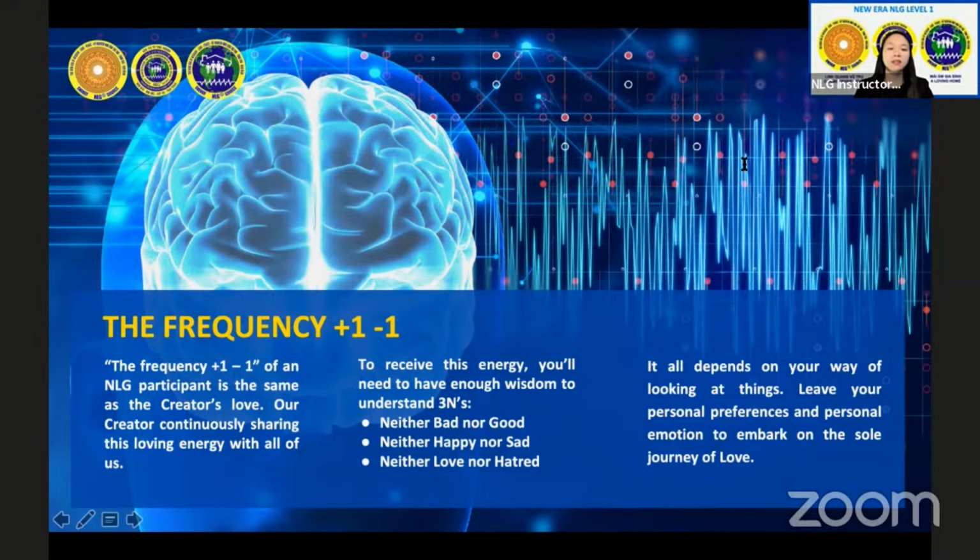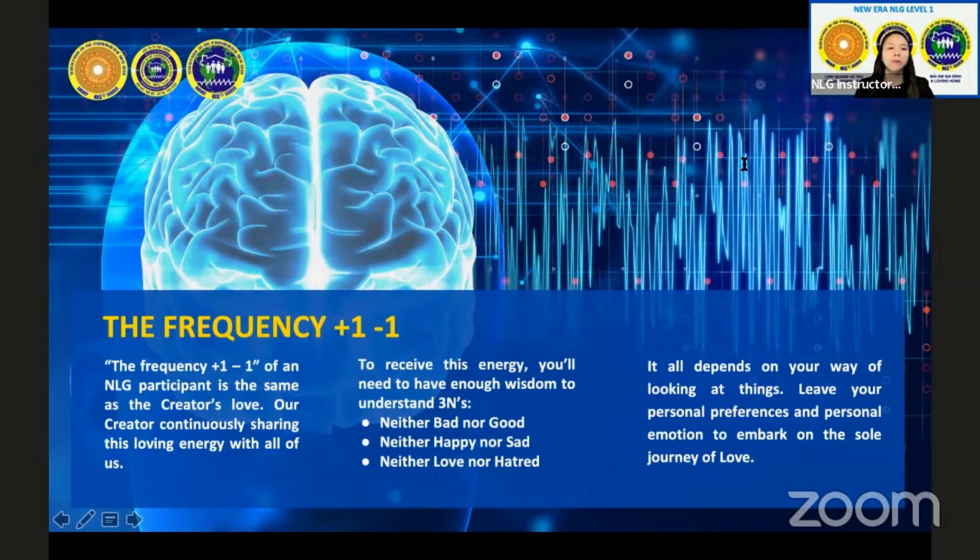Because if you're not in this frequency, you can sit there, you can try to practice, but you won't get 100% of the energy that you need. You won't get 100% of that energy connection because you're too far away from the +1 -1 frequency. Now, it is not to say that you can't be upset or sad or happy or excited, because of course, emotions are part of us. And that's what we experience on a daily basis.